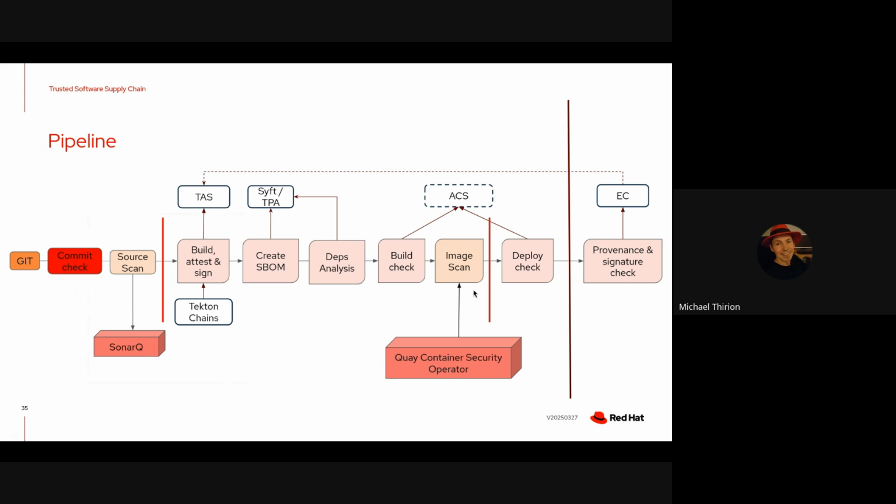The image scan, well, you can do that with ACS as well. But here, simply because we used Quay as our registry in our demos and in our workshops, it's easier for us to simply use the Quay security operator. And then the provenance and the verification of the signature, we do that with Enterprise Contract. So all of those are steps in our Tekton pipeline.